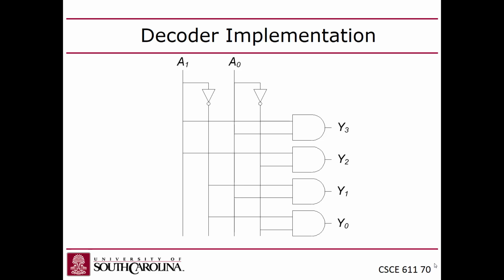So this is A0 and A1. Thank you for pointing that out. So they're using T-junctions here to specify that. Okay, good. And likewise, Y2 is A1 and not A0. Y1 is not A1 and A0. They're all T-junctions.